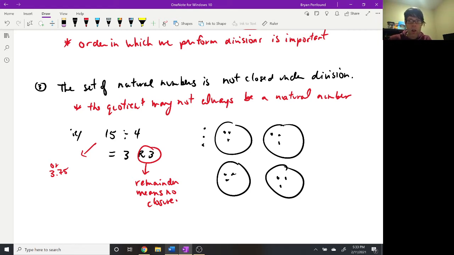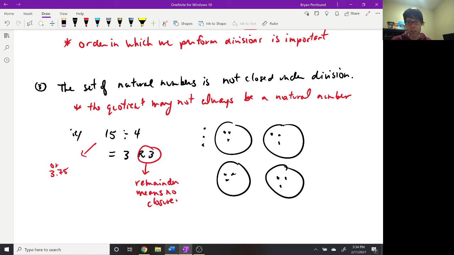Closure has to work with any 2 numbers that we pick. I have to be able to pick any 2, do the operation, and get a number that's also inside the set. In our case, we found a counterexample. We took the numbers 15 and 4, divided them, and got 3.75. 3.75 is not a natural number.